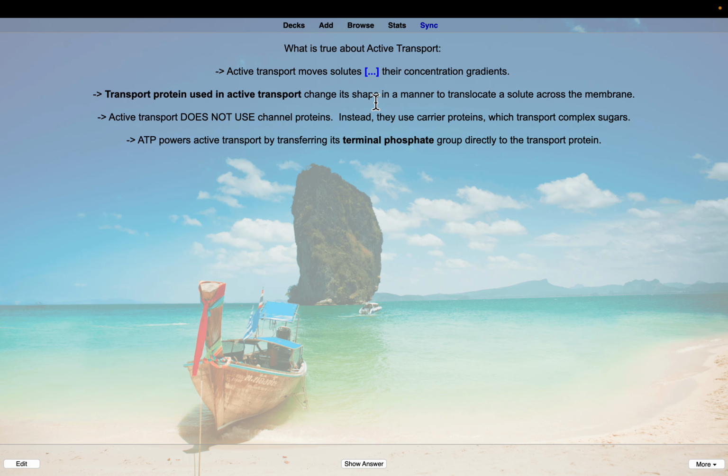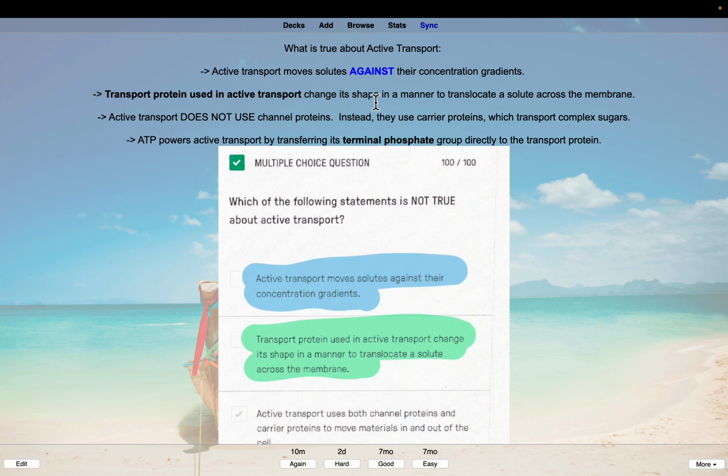So, let's talk about active transport. What is true? Active transport moves solutes against their concentration gradients. So that's true. Transport proteins used in active transport change their shape in a manner to translocate a solute across the membrane.